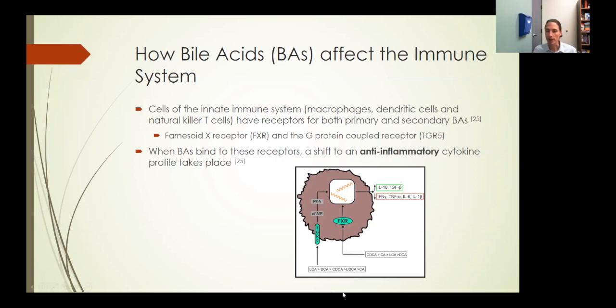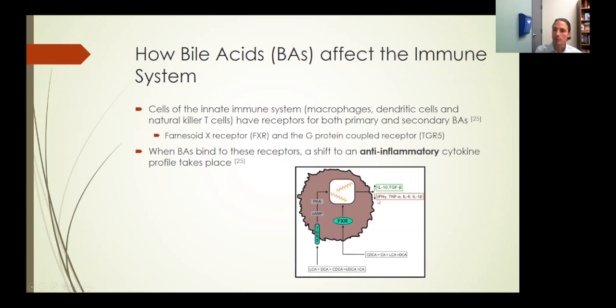So we can see here, these initials LCA and DCA, these are various bile acids. As they encounter immune cells, they bind to these receptors, and we can see interleukin 10 goes up, which is anti-inflammatory. Transforming growth factor beta goes up, also anti-inflammatory.